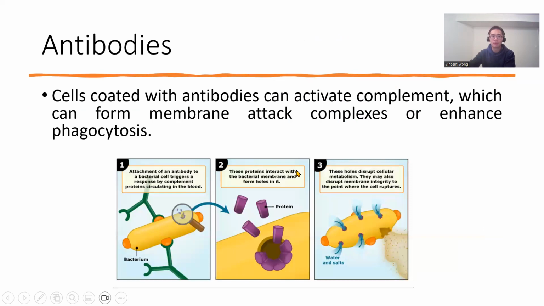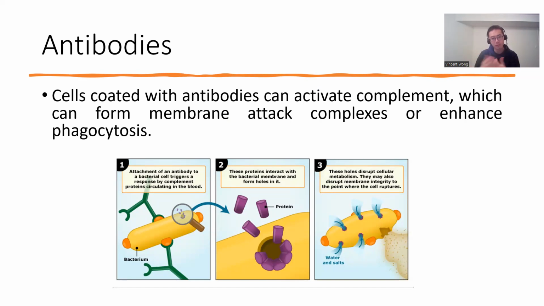And also, it's able to work with complement. Okay? So complement is part of the innate immunity, right? Remember? Complement proteins, the one that leaves the chemical trail and forms those MACs, right? So it turns out the antibody, even though it's part of adaptive immunity, is able to work together with the innate immunity.